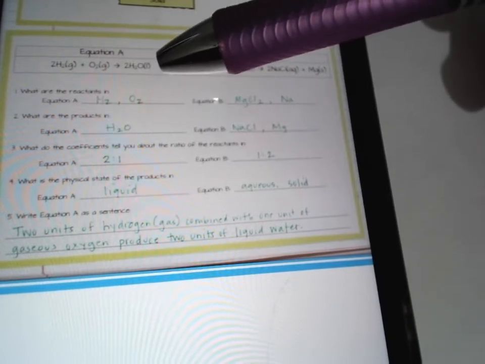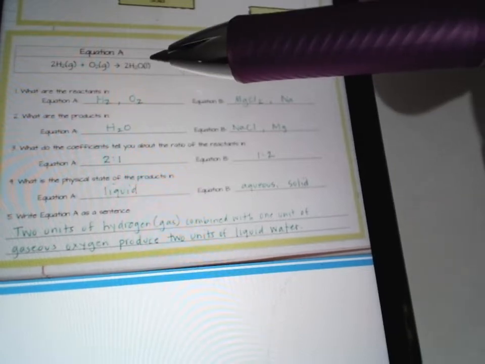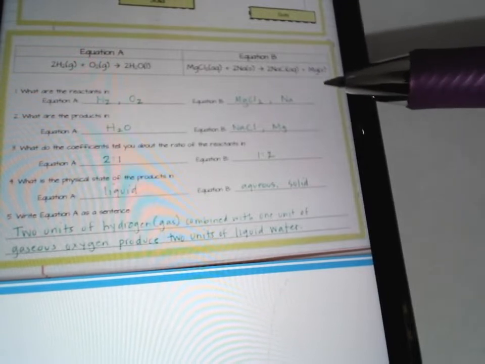Over here, if it had asked you about the ratio of products, you would have gone to this side. This would have just been 2, and this one would have been 2 to 1. Okay, what's the physical state of the products? Well, it tells you here liquid is the physical state of the water. Over here, you've got aqueous and solid.